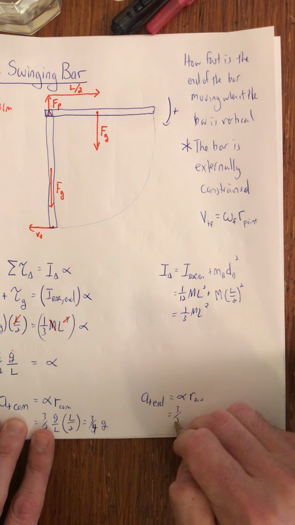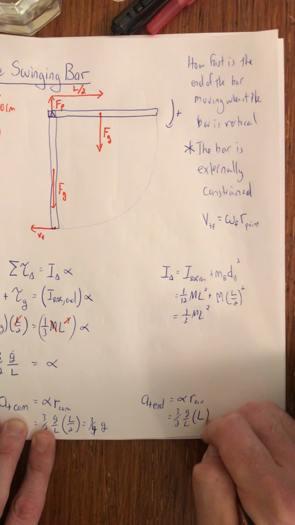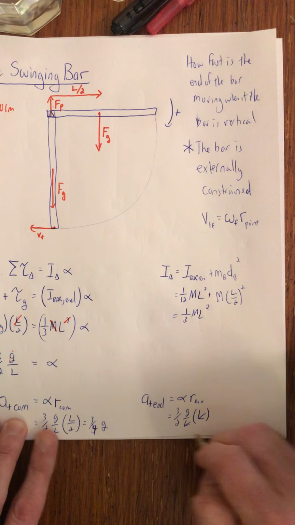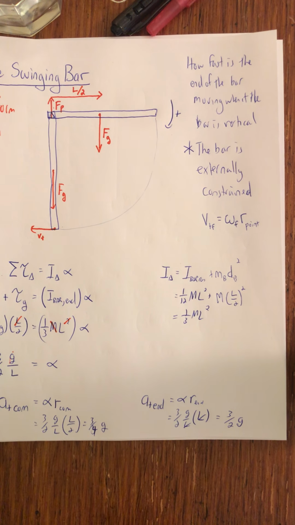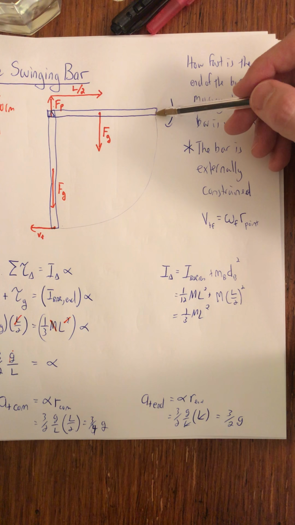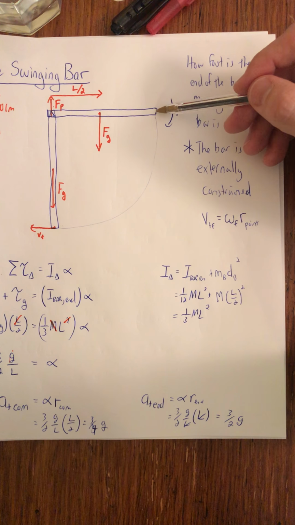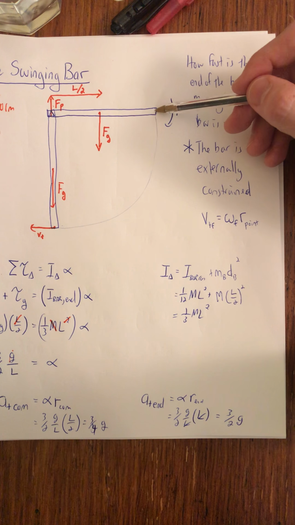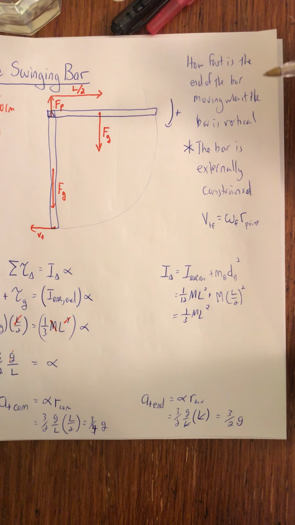So that's 3/2 G over L, and to the end, that's L, or 3/2 G. And that's really kind of trippy, that this point's tangential acceleration is greater than little g, meaning this point is going to fall quicker than if just the force of gravity was acting on it. So there's some interesting implications of that.